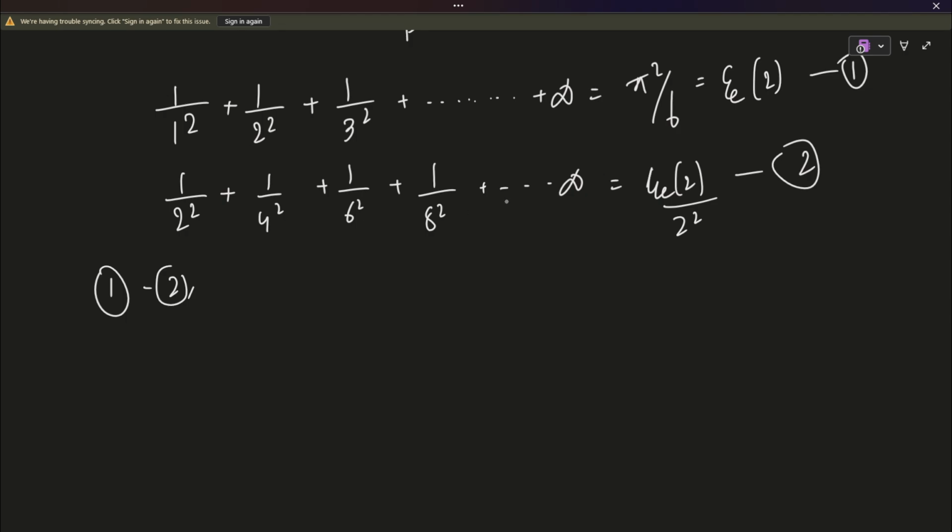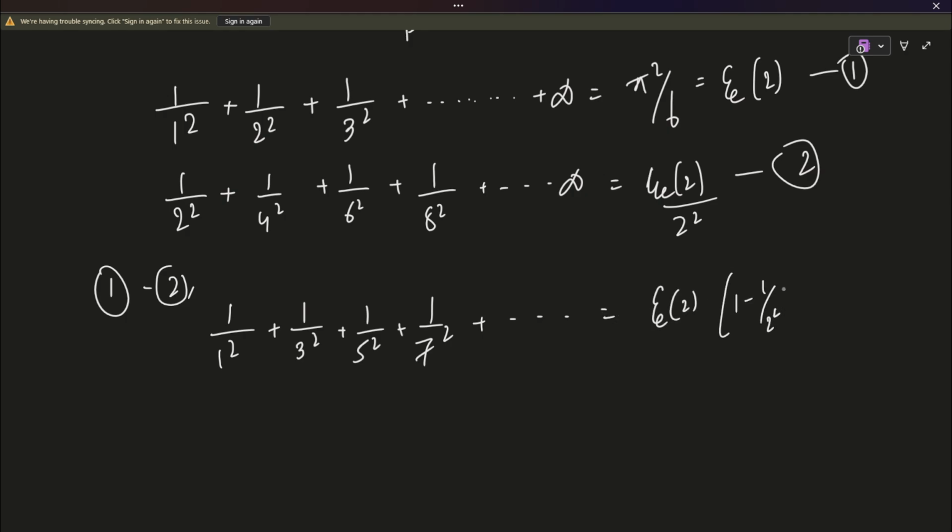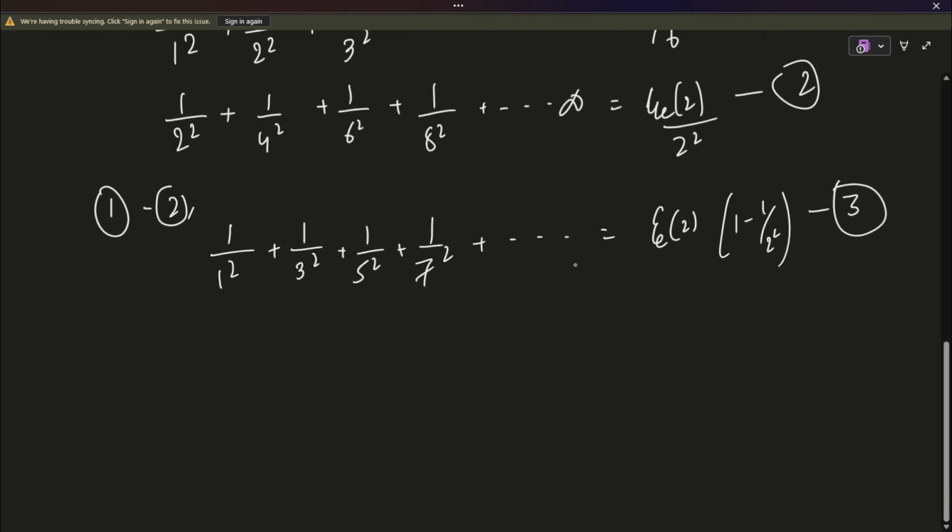All the even numbers have been subtracted, which means you get 1 by 1 square, 1 by 3 square, 1 by 5 square, 1 by 7 square, and so on, correct? And take zeta 2 common, you get 1 minus 1 by 2 square. Let's make this equation 3.